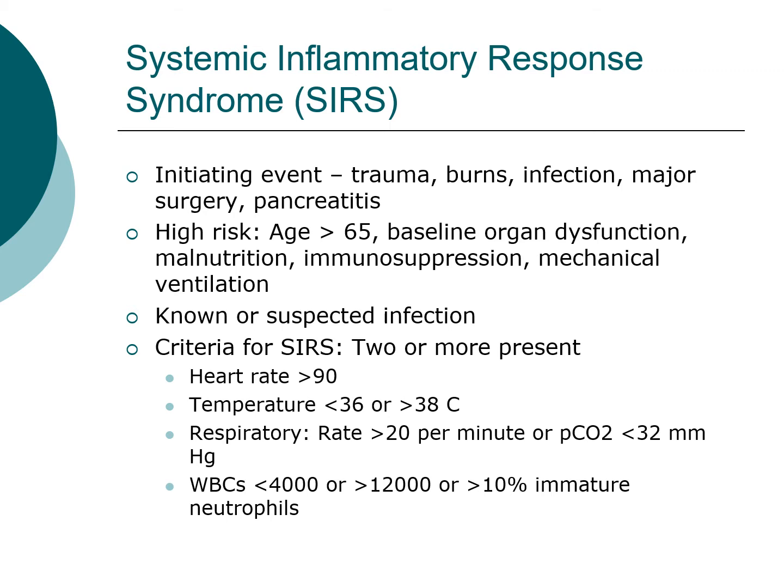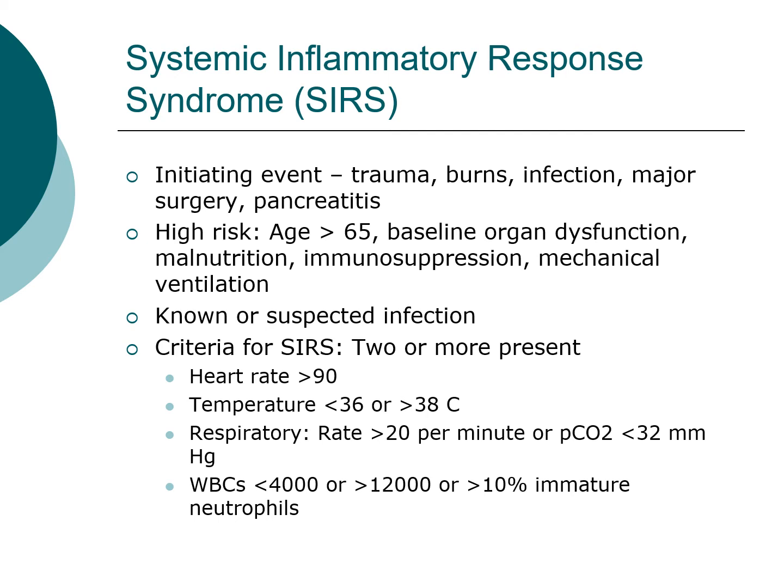We have a heart rate over 90, either a low temperature or high temperature, respiratory rate greater than 20, or a PCO2 via ABG less than 32 millimeters of mercury. Now our patient in our case study, she had a heart rate over 90, her temperature was elevated, her respiratory rate was elevated. So she certainly had 3 of the 4 criteria that you see below.